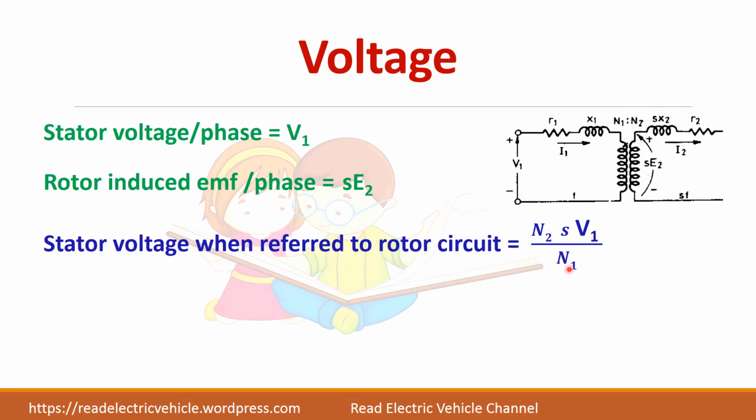So N2 by N1 into S times V1. So that gives N2 by N1, already we have seen it is taken as A. So A is equal to N2 by N1. So I can write it as A into S into V1, which is equal to SE2. So this voltage, rotor voltage, is given as input for the diode bridge rectifier.